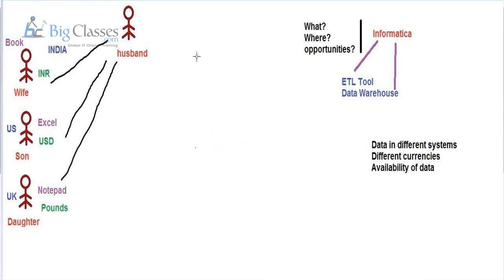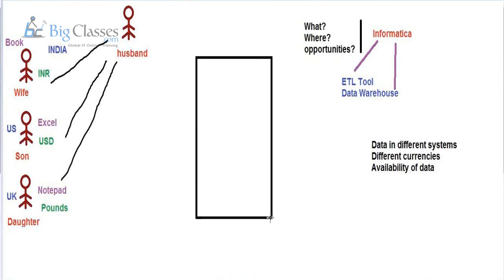So let us say he is maintaining another big system, or we can say another big book, where he is expecting data something like this for each family member. As we are in the month of July, let us say June is completed. Let us say June 16th expenses, like how the expenses are from the wife, at the same time how the expenses are from the son, and how the expenses are from the daughter. So he wants very much summarized data.